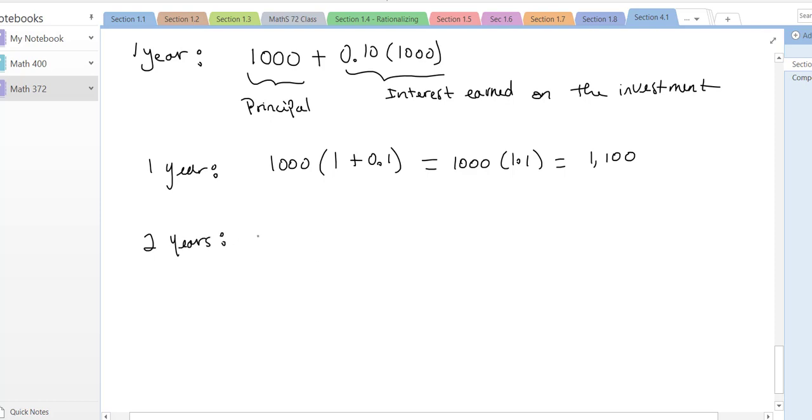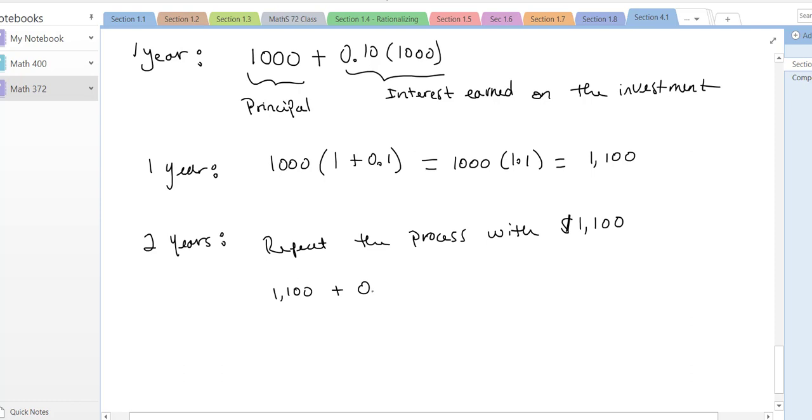So for the second year, after 2 years, what are we going to do? We're going to repeat this process, but now our initial amount will be the ending amount after 1 year, 1,100. So for the second year, we're going to have 1,100 plus the interest earned on that amount.